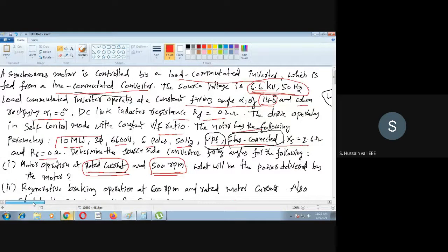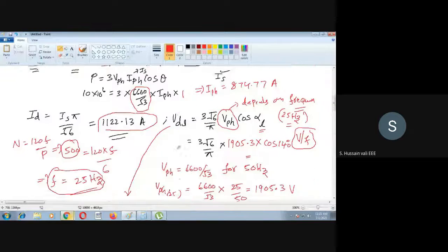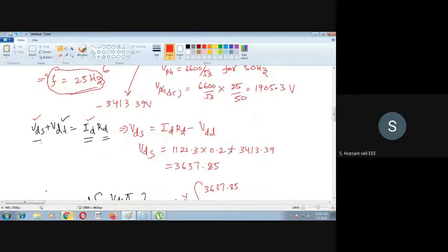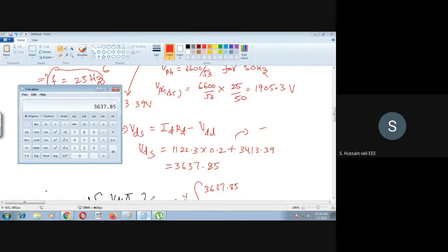See, sometimes to avoid this confusion, I will tell you one thing: just take an assumption. You have two options. One option is that you put here minus or you put here plus. Am I correct? There is a confusion actually. Yes, sir. For example, you put here minus. Then what is the answer you will get? I will just check this. 1122.3 into 0.2.